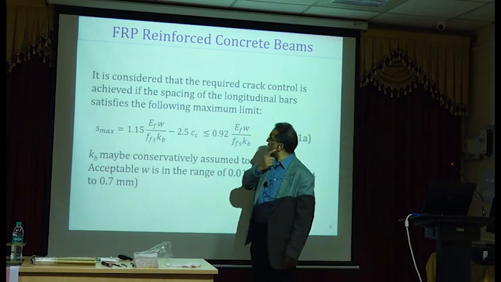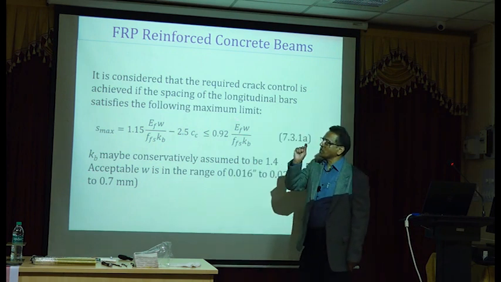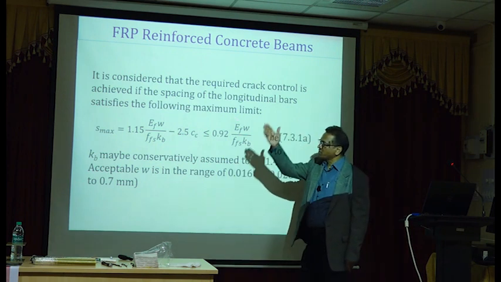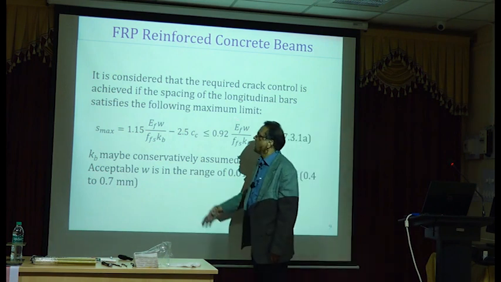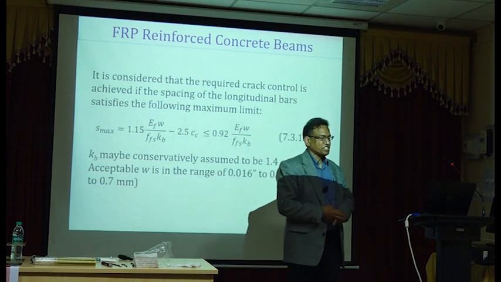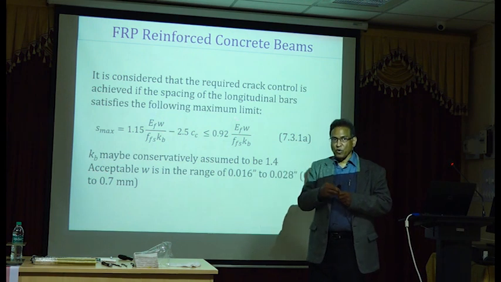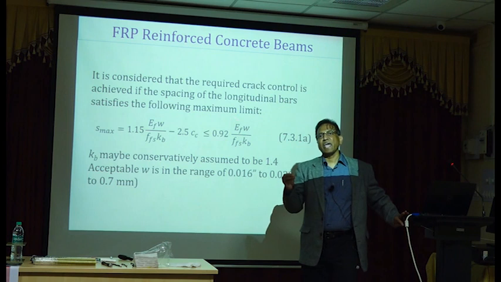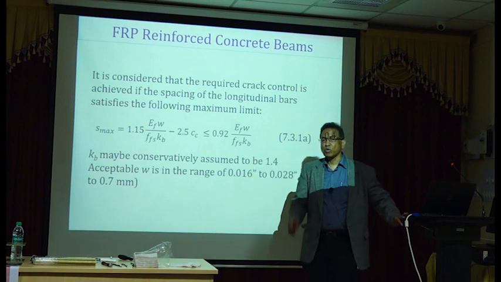c_c is defined as the concrete cover to the center of the bar to the nearest face of the beam section, and then k_b is a bond related coefficient. If your FRP bars can develop as well as a normal steel bar, then k_b equals 1.